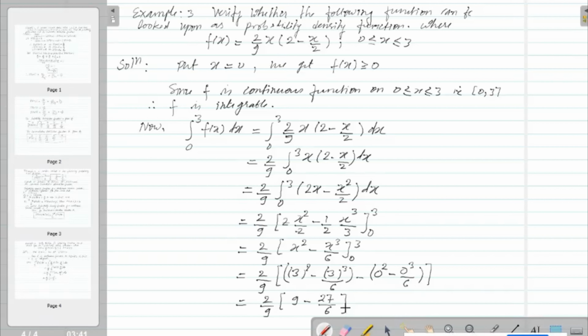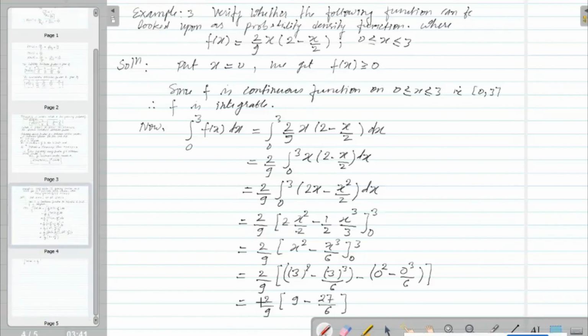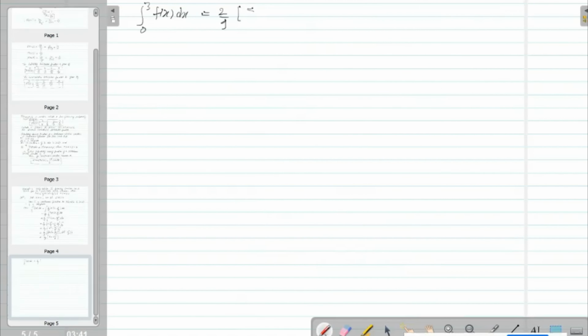Now cross multiply. So this is equal to 2/9 times the integral from 0 to 3 of f(x) dx, and cross multiplying, 6 nines are 54, minus 27 by 6.